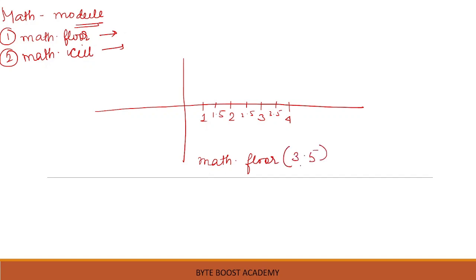Floor means the bottom value, so it would give us 3. If I want the ceiling value, math.ceil of 3.5 would give me 4, the higher value, between 3 and 4.